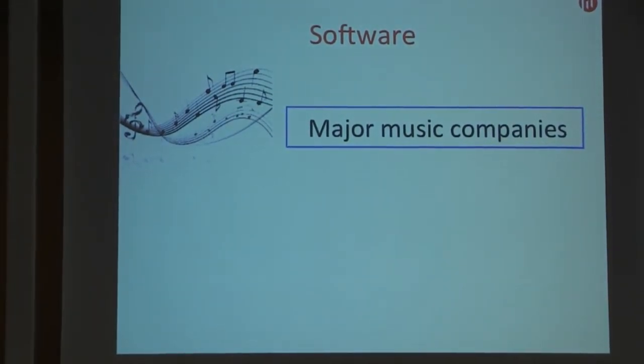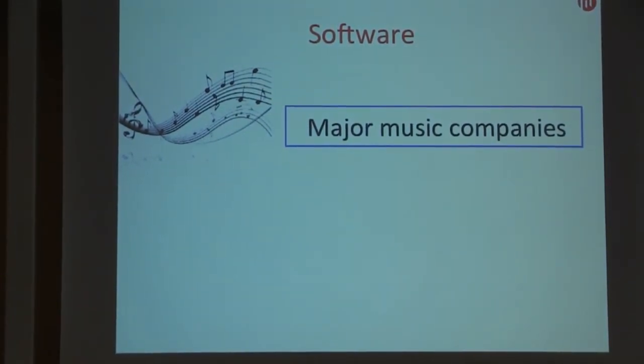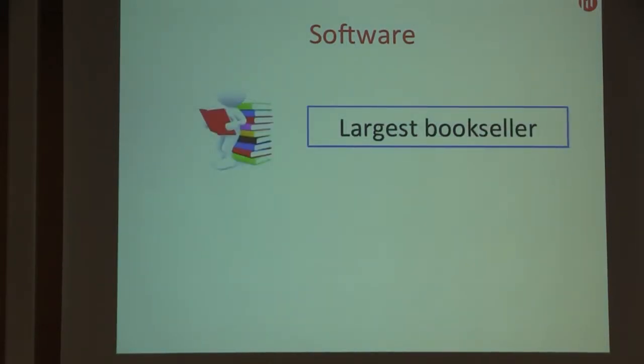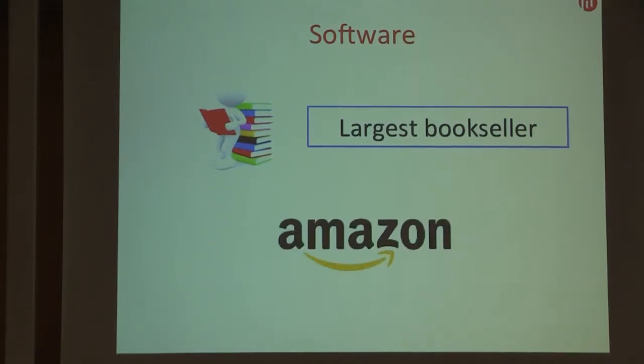But if you think, for instance, also about what the major music companies are nowadays, I don't know if you're aware of it, but they are software companies, like iTunes, Spotify, or Pandora. And also the largest bookseller nowadays is Amazon. So as I said, software is spread and is eating the world, someone said.